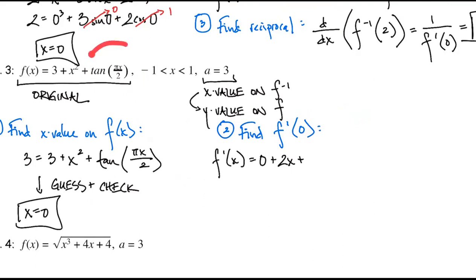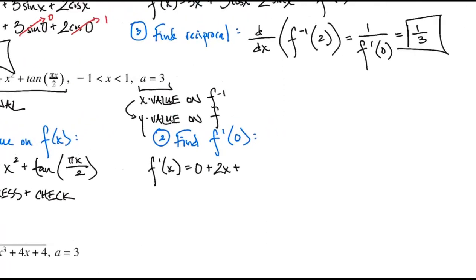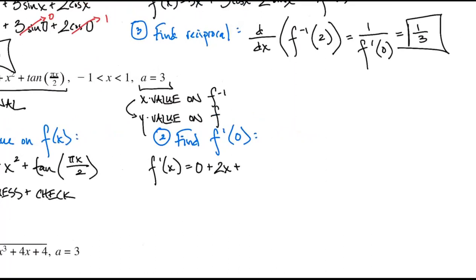Now this is the kind of chain rule that tends to show up when we talk about chain rule, okay? And so we're gonna take the derivative of the outside first. We're gonna keep the inside the same. And then we have to multiply by the derivative of pi x over 2, which is just pi over 2, okay? Yeah, there we go, there we go.